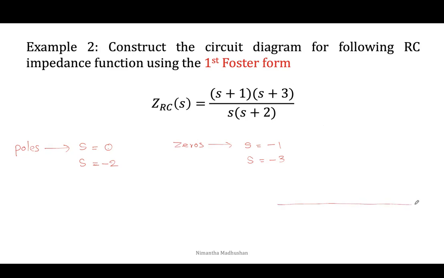When we plot those poles and zeros in the complex s plane, this is the real axis, this is the imaginary axis. There are two poles at the origin and at minus 2. And when we consider zeros, there are two zeros at the minus 1 point and the minus 3 point.